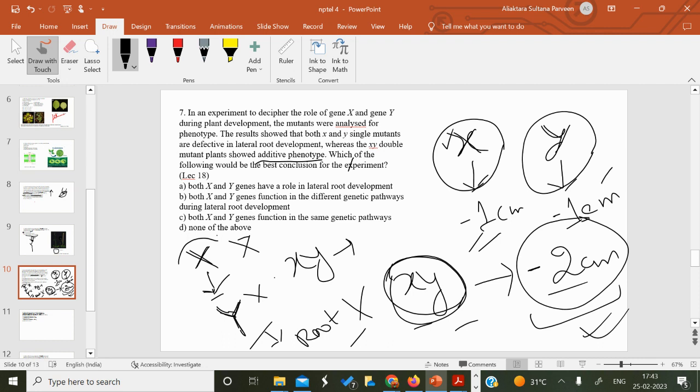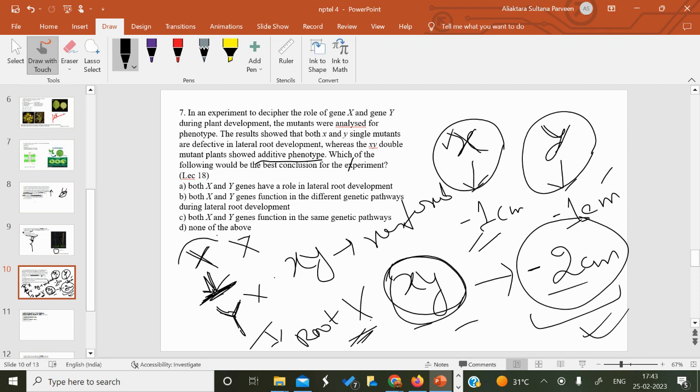Suppose X was inhibiting Y. If you mutate X, then you see some defect in root development. And now if you also inhibit Y, then you may see that the initial function of X in root development is restored.